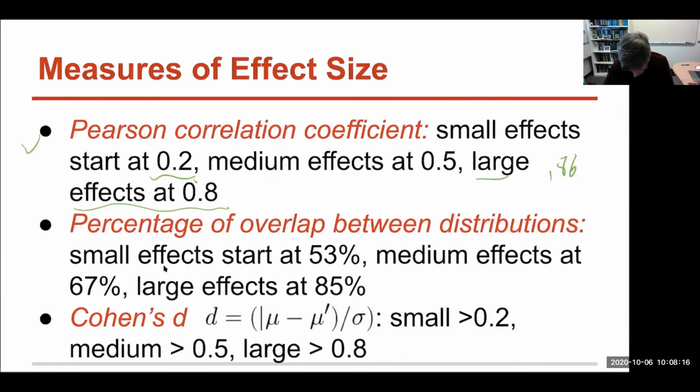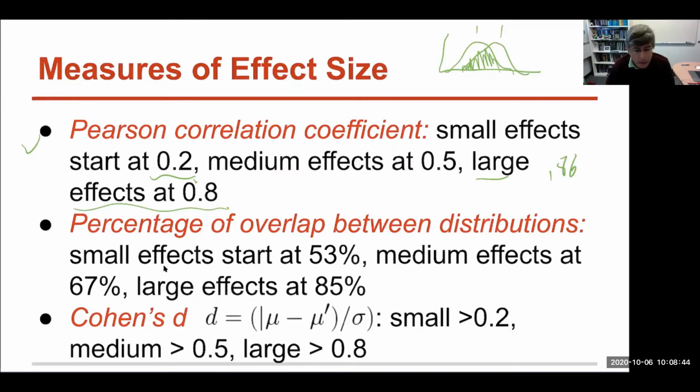Another measure is the degree of overlap between two distributions. If I have two distributions and I want to say, are these distributions the same? When there is a large overlap between the distributions, then probably one distribution predicts the other, that the thing driving this distribution is driving that distribution.